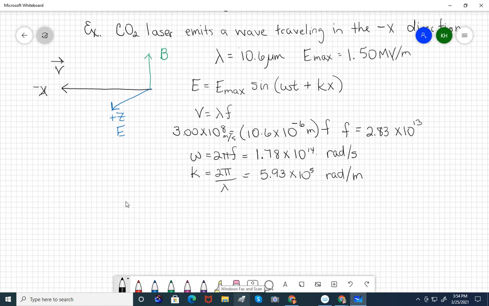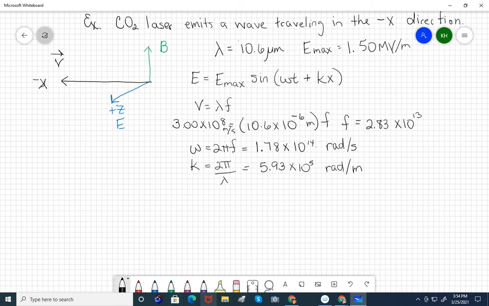Okay, so what's our equation? E equals E max, which is 1.50 megavolts. If I want to leave it in megavolts, I can. If I want to say times 10 to the 6, that's megavolts per meter.